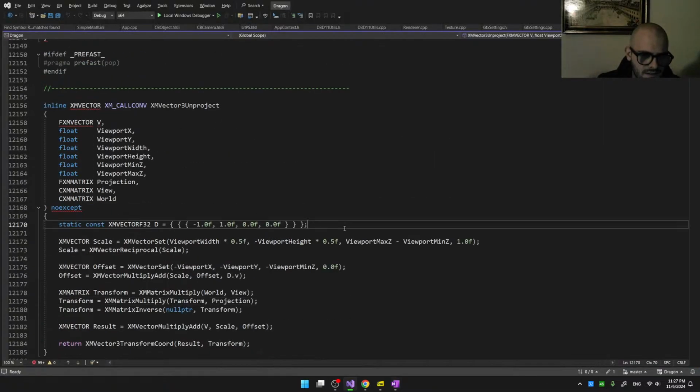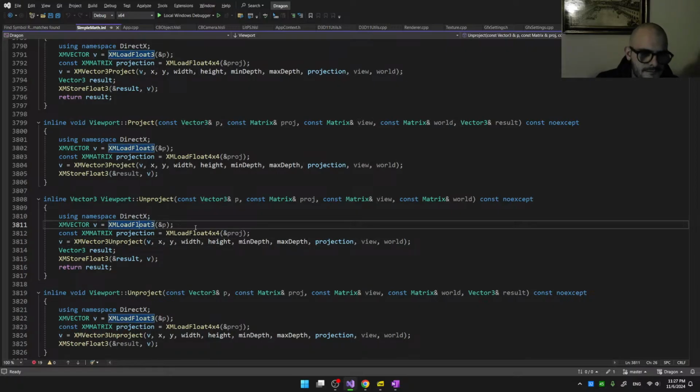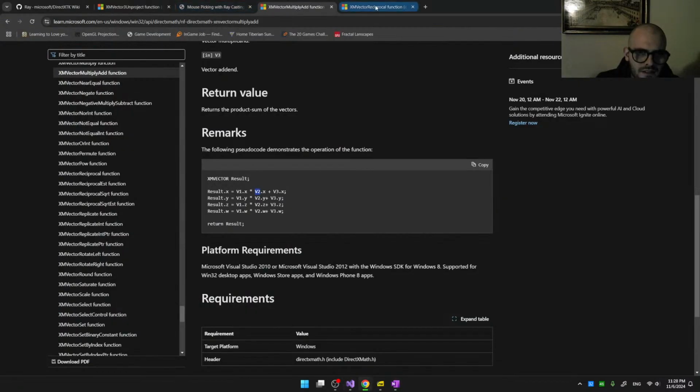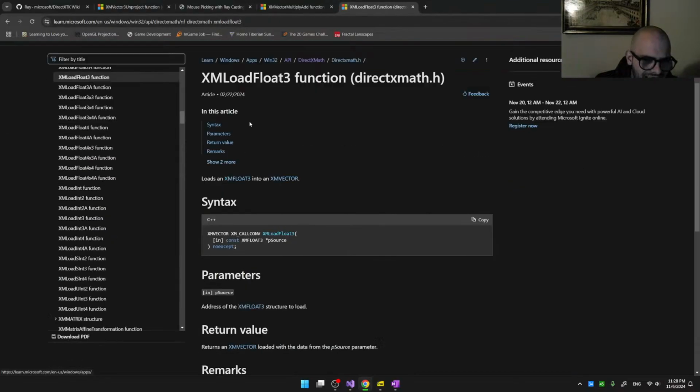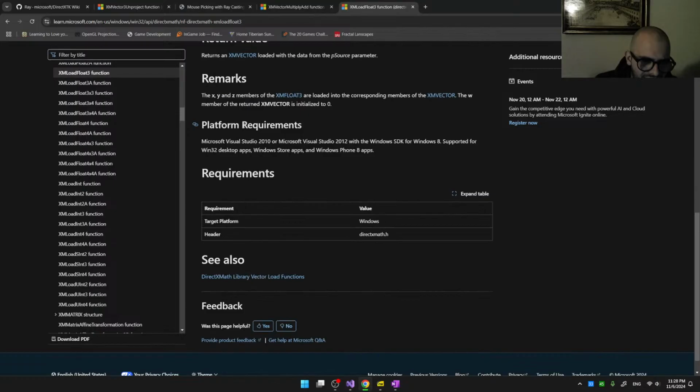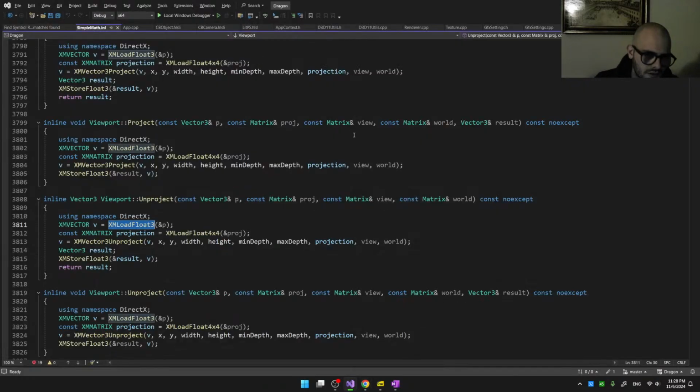Okay, so this V right here is a 0, is a 1, is initialized to 0.